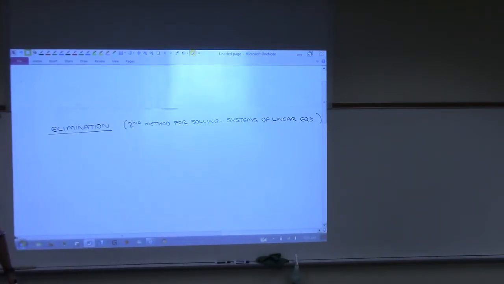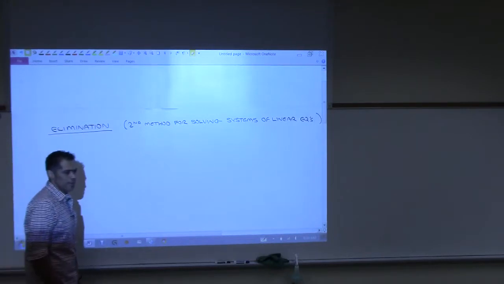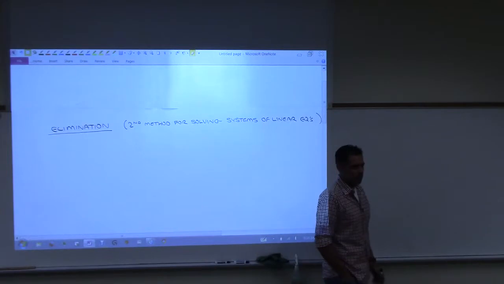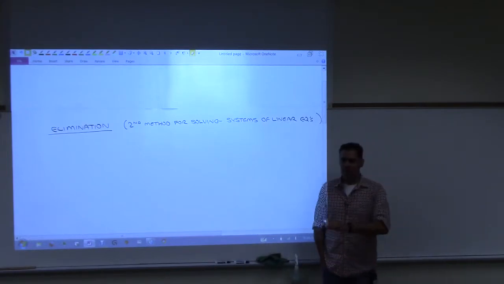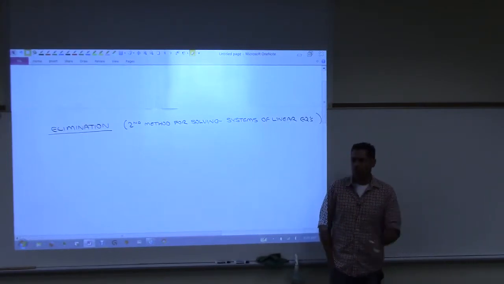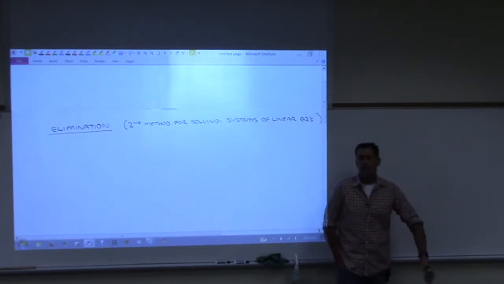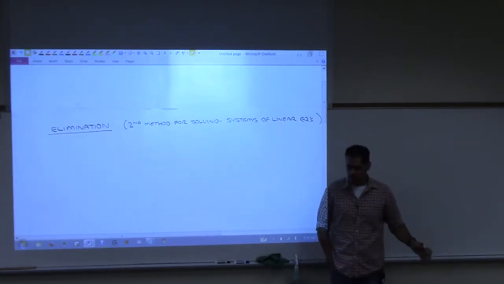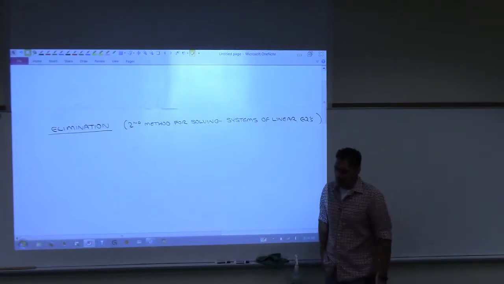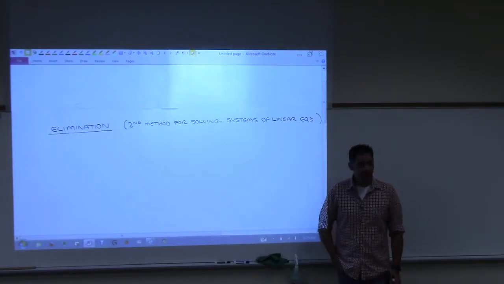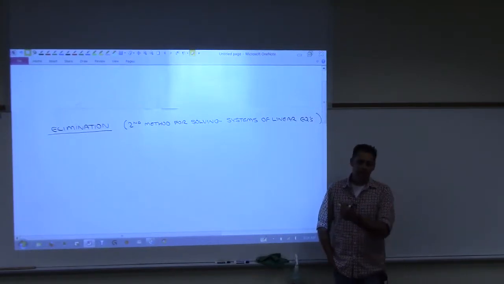On the homework, it will tell you which method to use, but again, I actually don't care. Even if the homework says use substitution, if you prefer elimination, use elimination. If it says use elimination and you prefer substitution, use substitution. But let's do a problem and see the difference between elimination and substitution, and where you might prefer this over substitution in some cases.